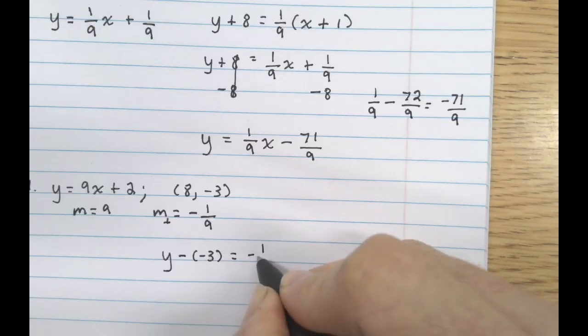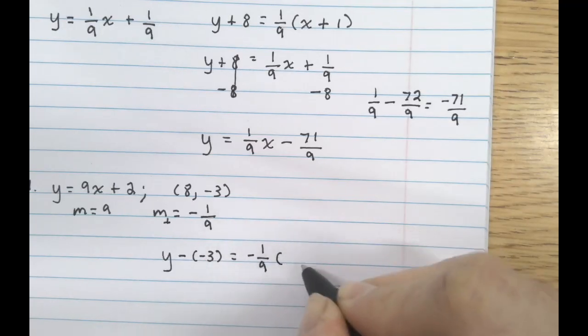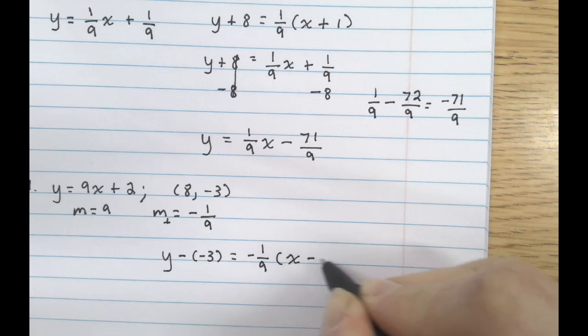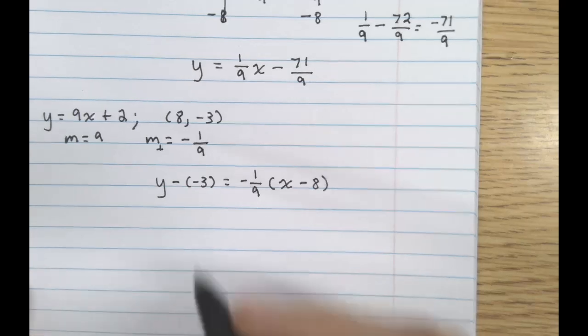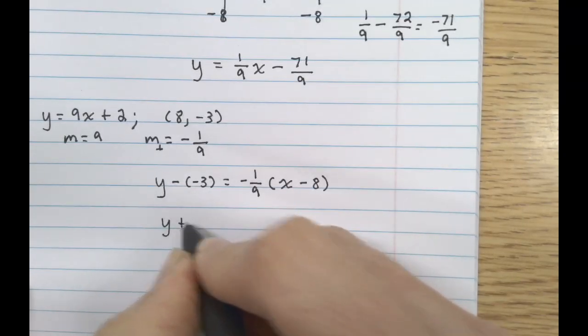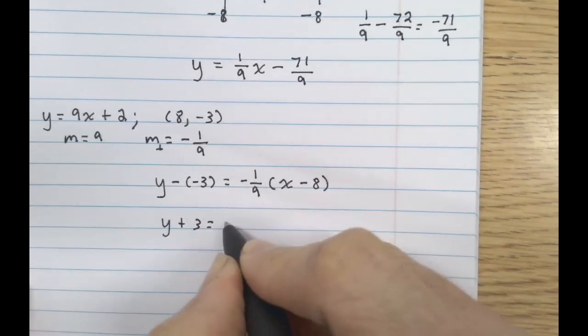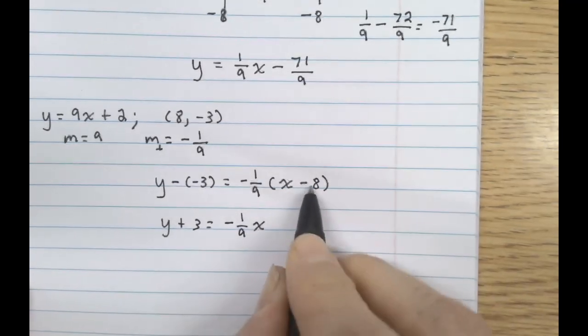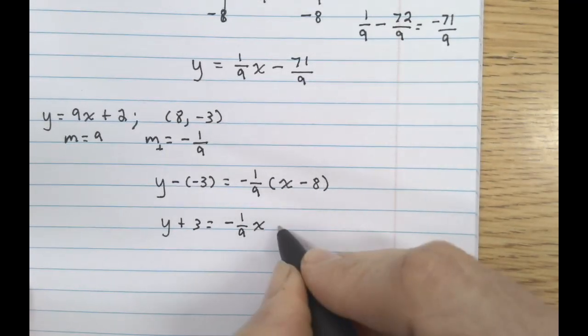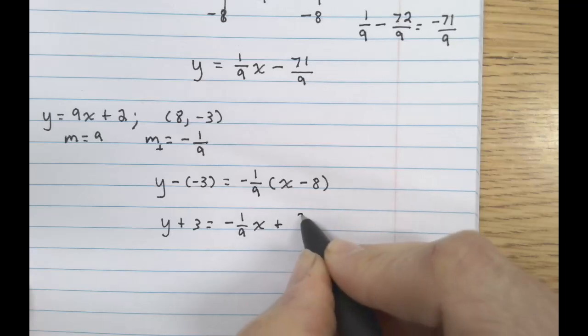And then I've got x minus the x coordinate. And now we're just going to simplify this, and we'll be done. So I got y plus 3 equals negative 1 over 9 x plus, right, I got to watch the signs, it's going to be plus 8 over 9.